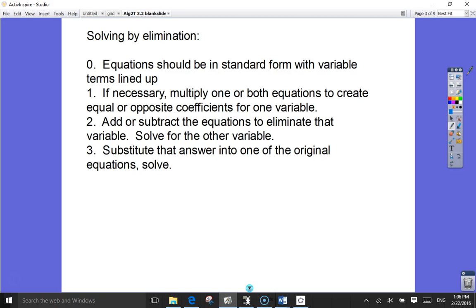So if necessary, you're going to multiply. Once you're ready, you add or subtract the equations to eliminate one variable, and then solve for the other variable that's left. You eliminated one, there's one left, solve for it. Right? And then when you get that answer, you need to substitute that answer back into one of the original equations. Solve for the second variable.